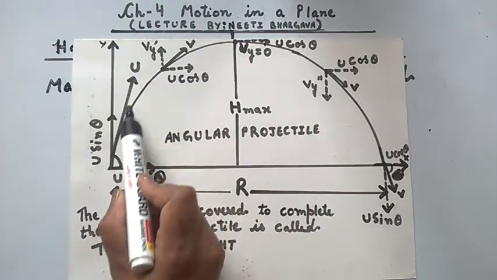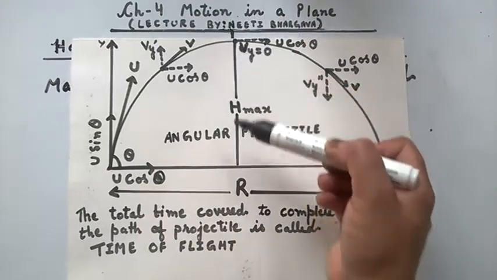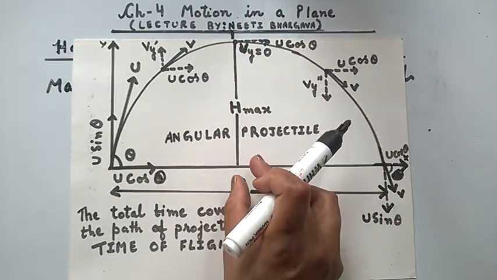Also, this distance is equal to capital H, that is vertical displacement is equal to capital H.